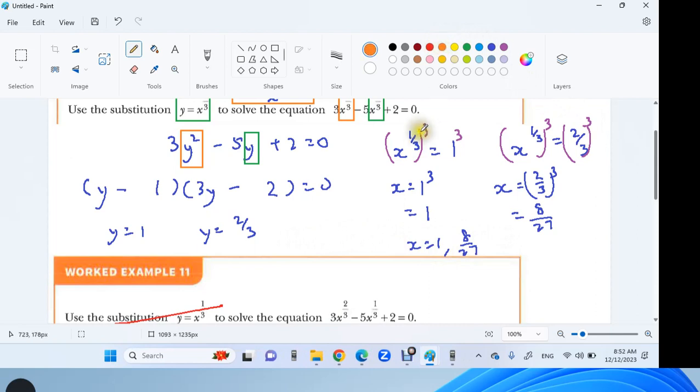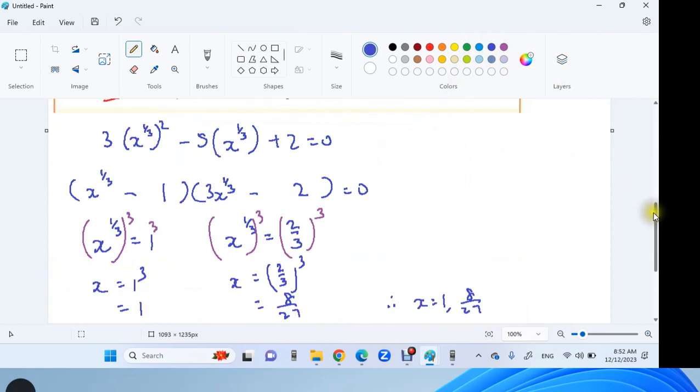The reason why we cube both sides is because we want to remove this. It's like you have the cube root of x equal to 2 over 3. So the cube root, we could move to the other side as a cube, and that is easier for you to understand, but the proper way is we cube both sides. So cube root, cube, then it becomes x already. Then this is 8 over 27.